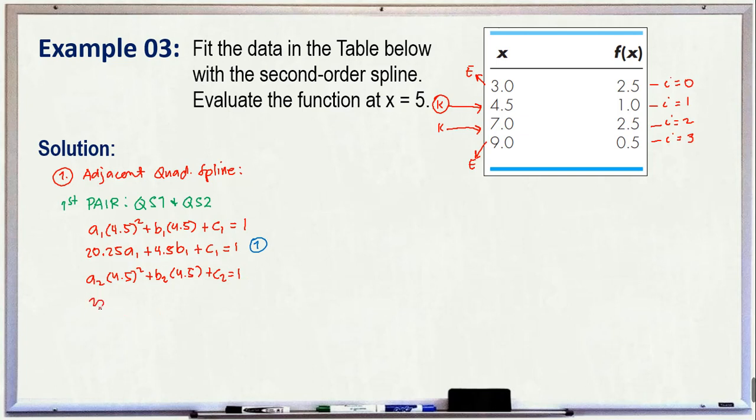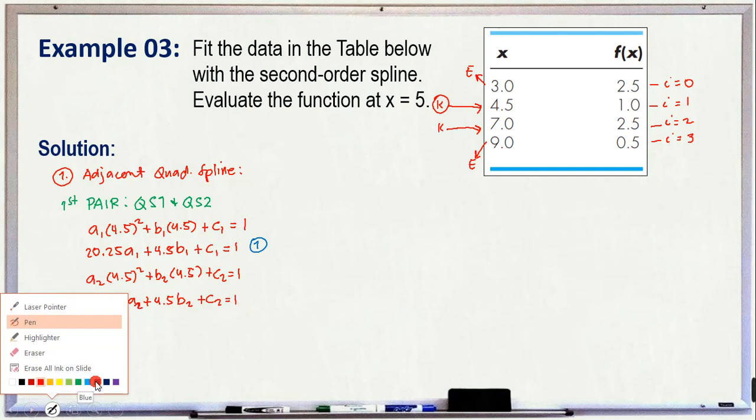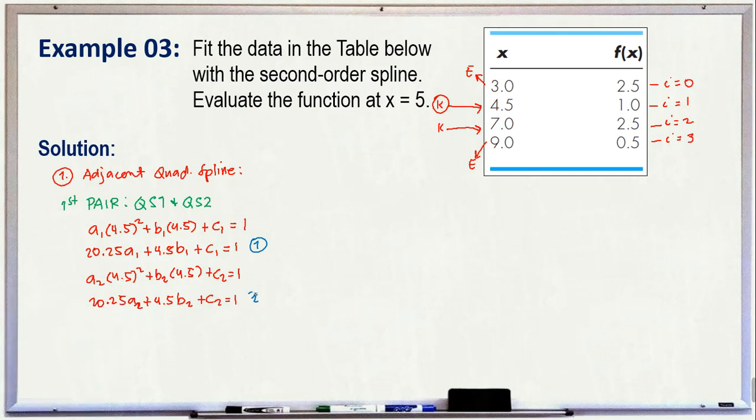So, automatic, para gyapon 20.25 a sub 2, sorry, plus 4.5 b sub 2 plus c sub 2 is equals to 1. This is our second equation. Okay. Nakuha ba ninyo?